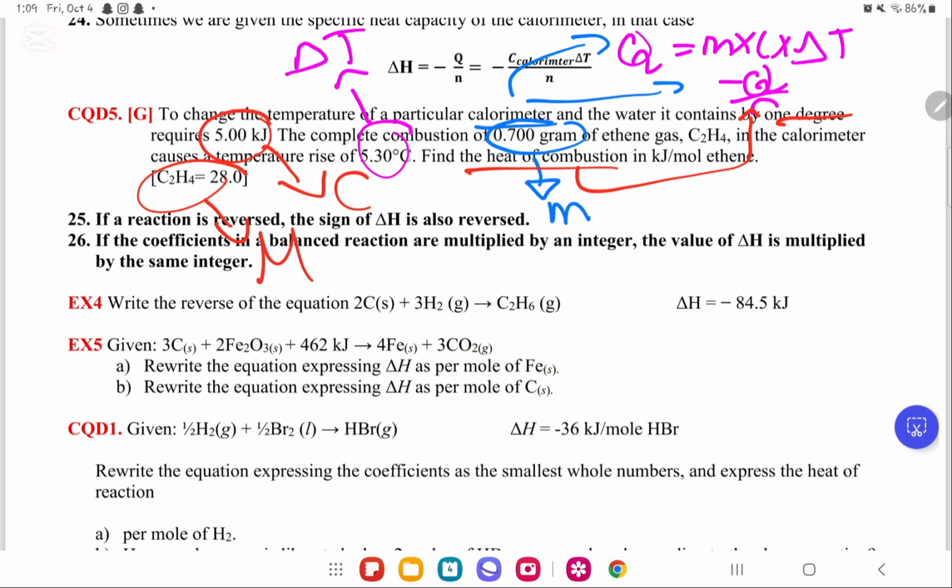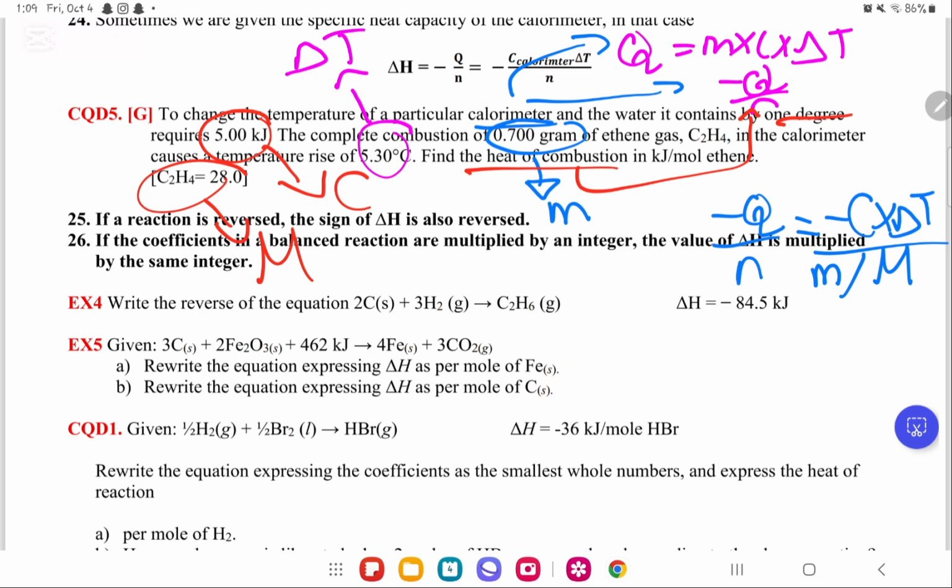So negative Q over N can be expanded into negative C times delta T. Only in this case is Q C times delta T. So negative Q is equal to negative C times delta T in this case, only if it's over N. And then N from previous years is the mass over molar mass.